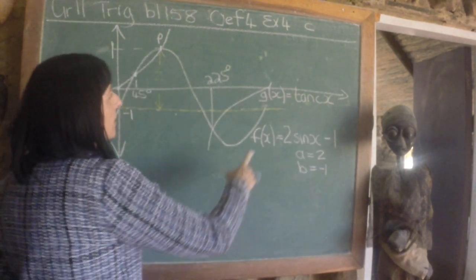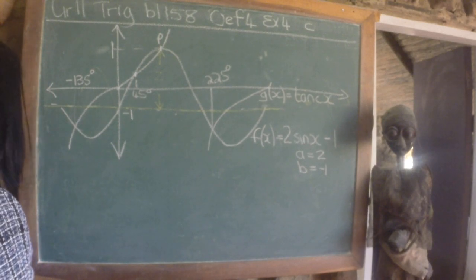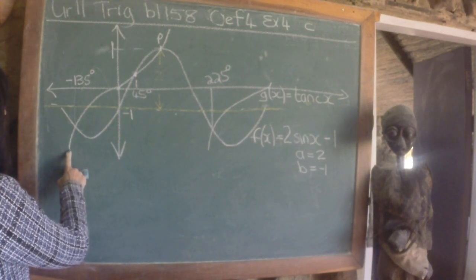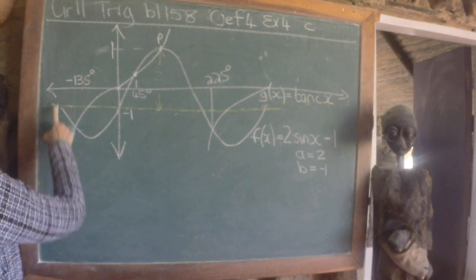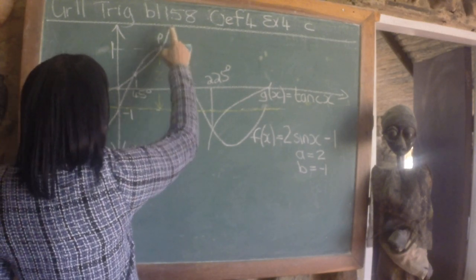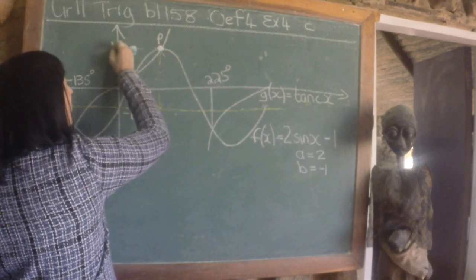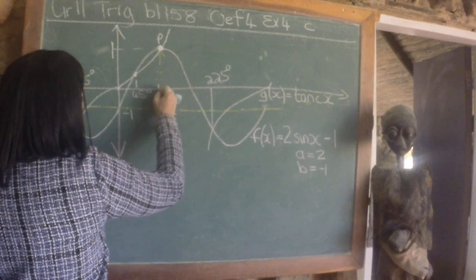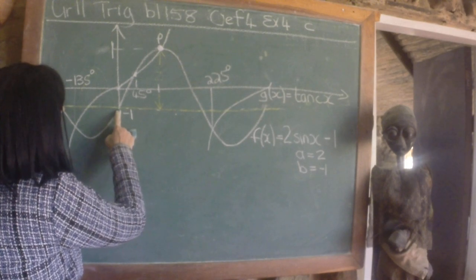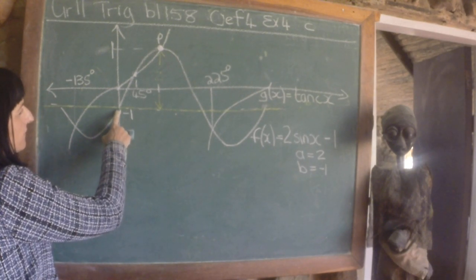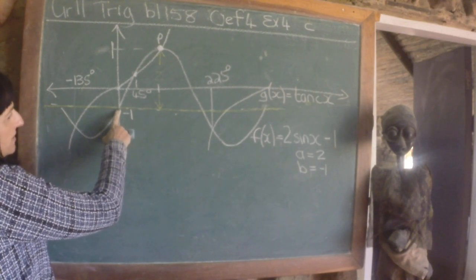So ons gaan kyk nou na die tan en ons gaan kyk wat moet C wees, want dit is die periodeverandering. So as ons hier na tan kyk, dan sien ons tan het hier 'n siklus voltooi van kleiner as -135 tot hierso, en sy eerste stasionêre punt op 1 was hierso op daai punt, en ons weet dat daai punt, as ons kyk na ons sinfunksie, ons sinusgrafiek, dan het ons singrafiek glad nie links of regs geskuif nie.